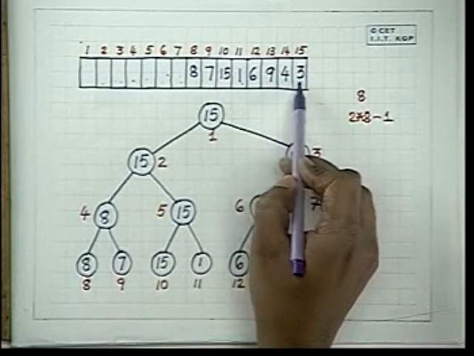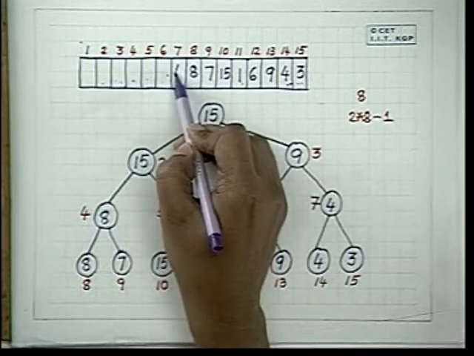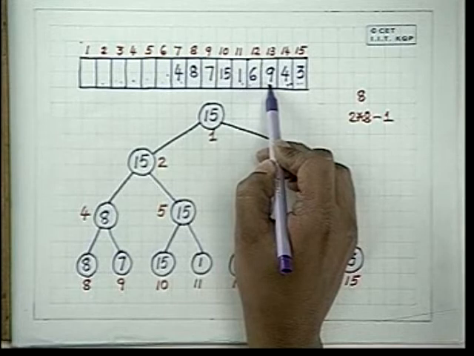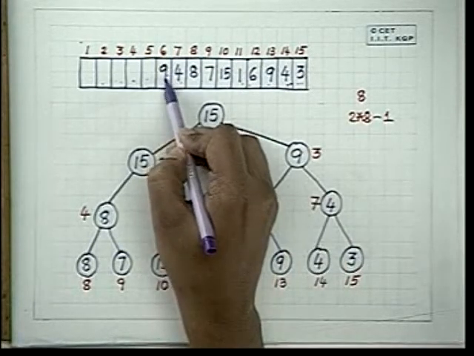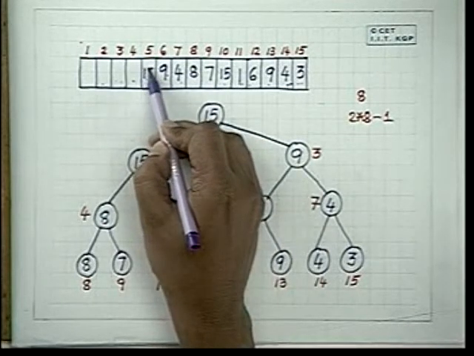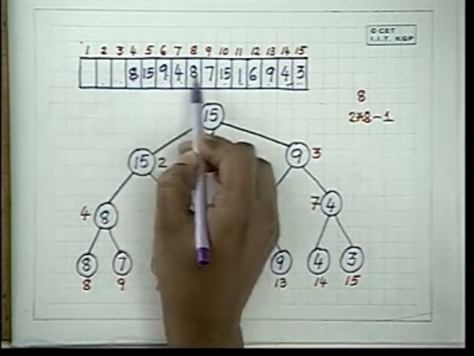A much easier way of doing the whole thing is if you start backwards. You compare these two and put the larger here. Compare these two and put the larger here. And just continue.